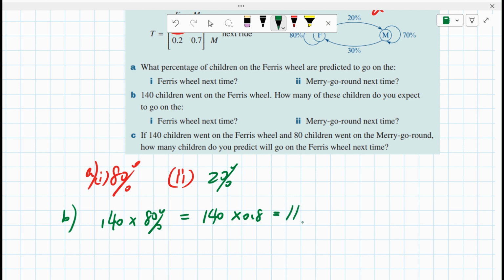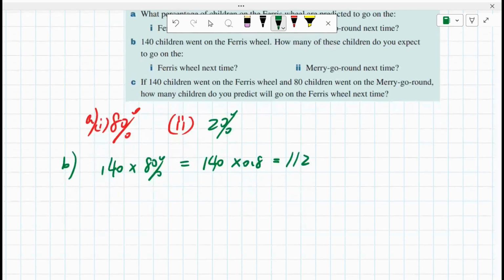That's around 112 children going on the Ferris wheel next time again. And for 20%, 140 times 20% is equal to 28 children going to the merry-go-round next time.